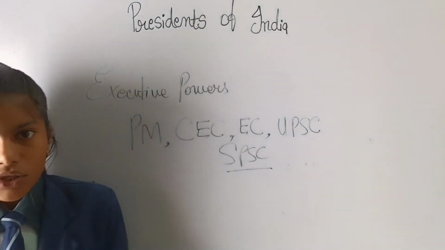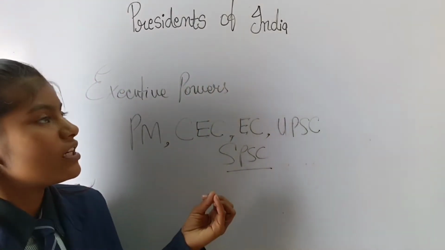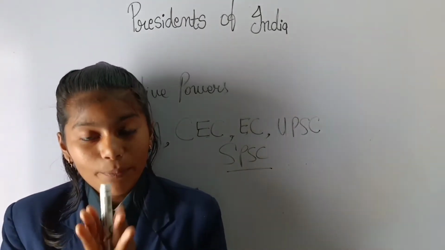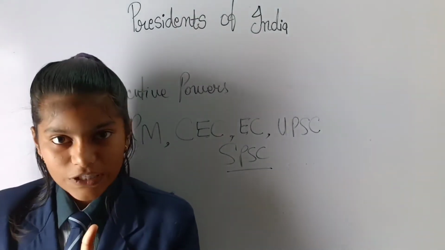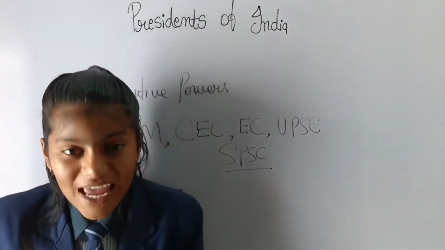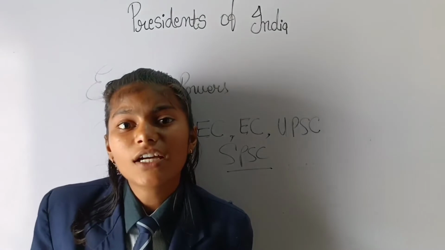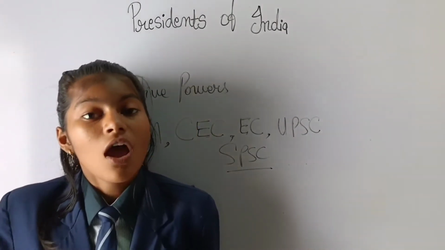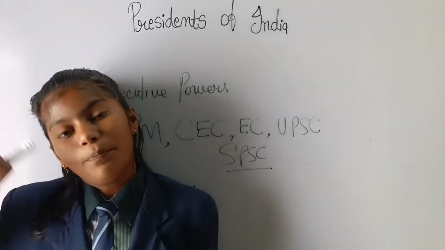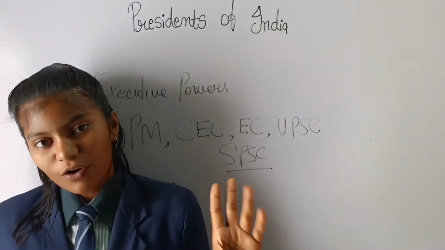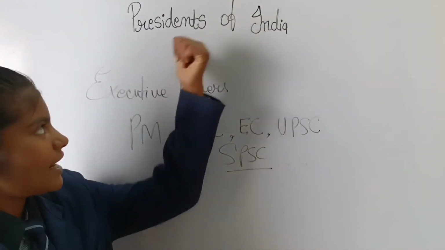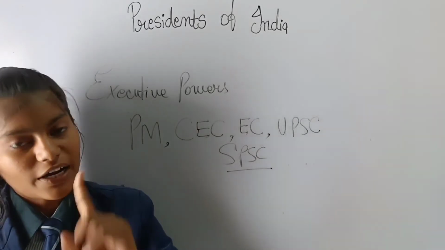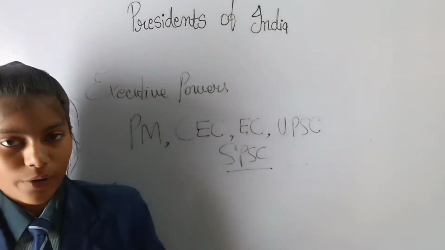So you have seen that many political leaders who are really important for us are appointed by the President. Okay, this is the first work. The second work is that the President can seek any information regarding the administration of the country from the PM.